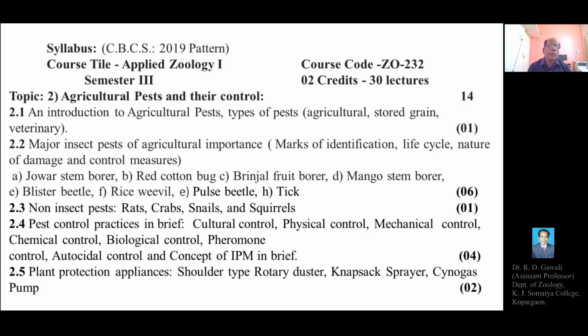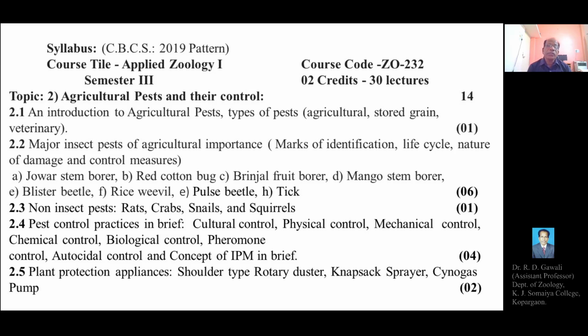Then subunit 2.5, plant protection appliances or the pesticide appliances. So there are different types of pesticides or agrochemicals, toxic chemicals which are used for the destruction or killing or control of pests, such as liquid pesticides, powder pesticides, or the fumigants.